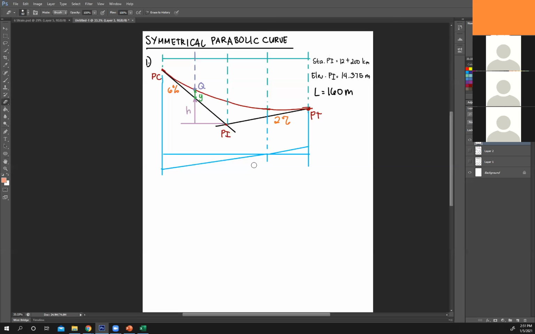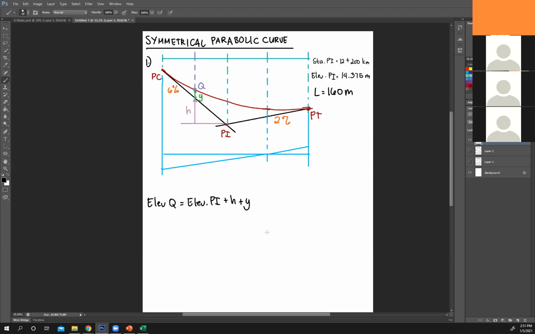So grade diagram. So anyway, going back, one method, elevation of Q is just equal to, again, elevation of PI plus H plus Y. Now I have to figure out what's H and Y.